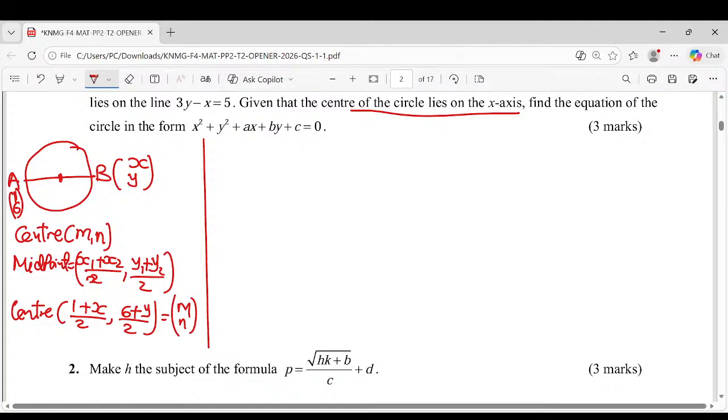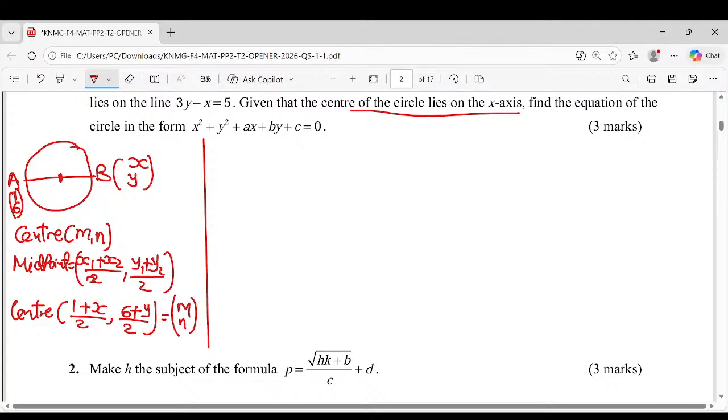What does it mean? If the center of our circle is lying on the x-axis, the y-coordinate of the center becomes 0, because on the x-axis the y value is 0.